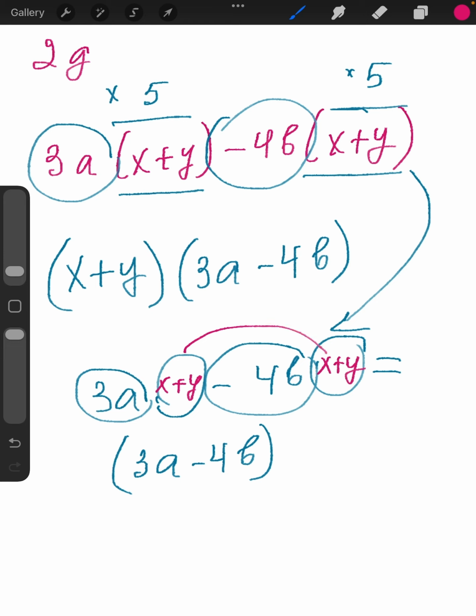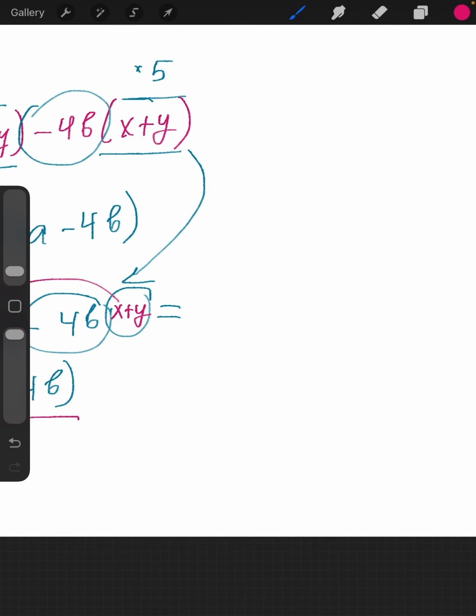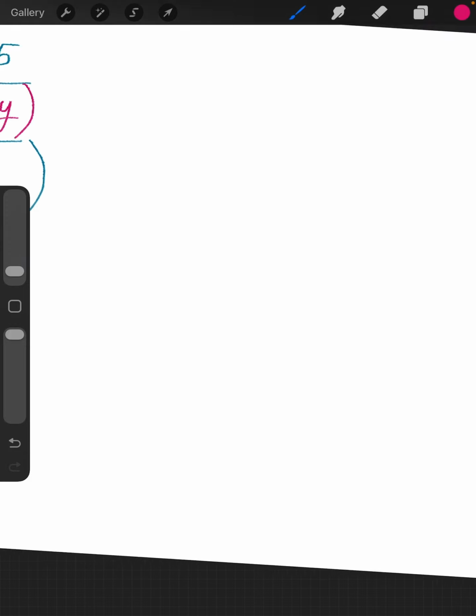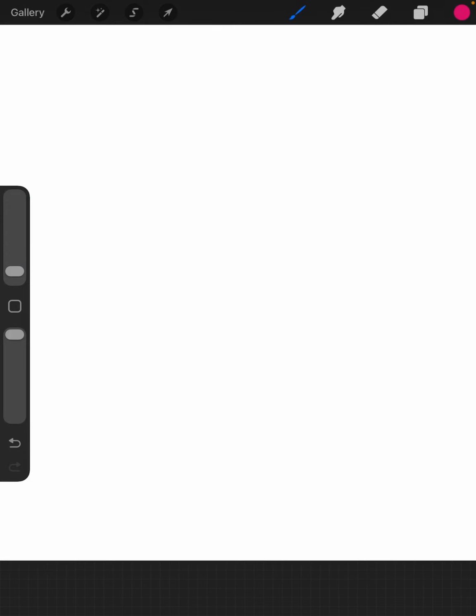So this x plus y being the common factor gets taken out front. Since it is an expression, we put parentheses around it, and then this is what we get, right? This is our final answer here. Okay, if this is unclear in any way, please come up to me and we will discuss this further. Luckily, this class is not all online, right?